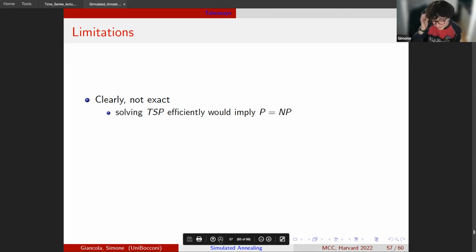So it's a way to find a suboptimal solution in an efficient time, but this does not ensure that we will eventually find the global minimum. And so it does not imply that, for example, P is equal to NP and that we have solved the $1 million problem. It needs tuning in a case-by-case analysis, because each instance of the problem is different. So we cannot really find a generalization of this.